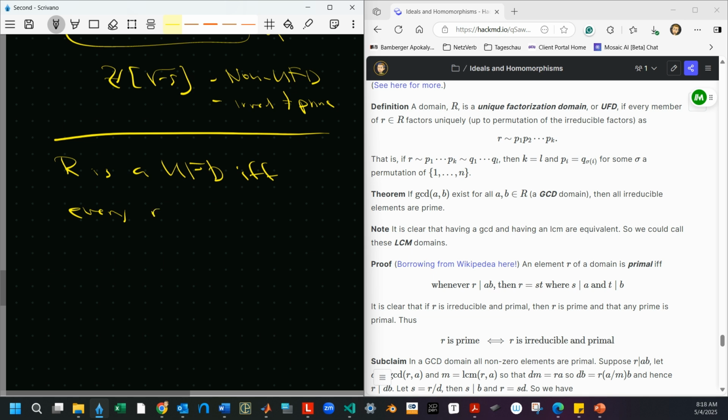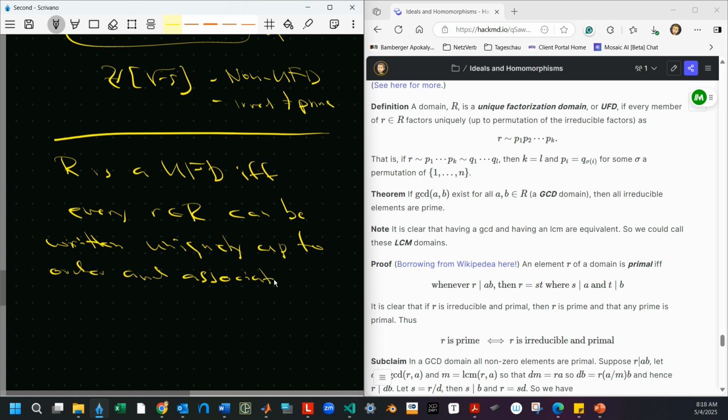So every element of R can be written uniquely up to order and associates as a product of irreducibles.